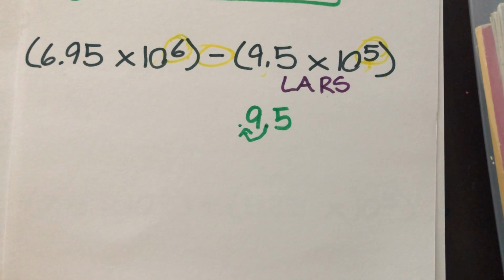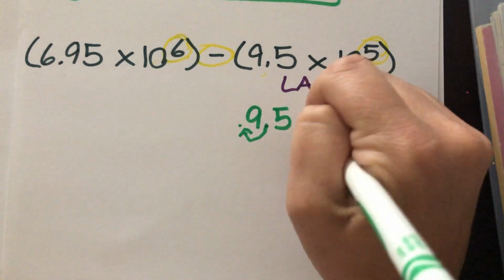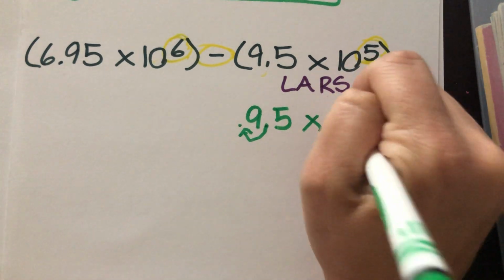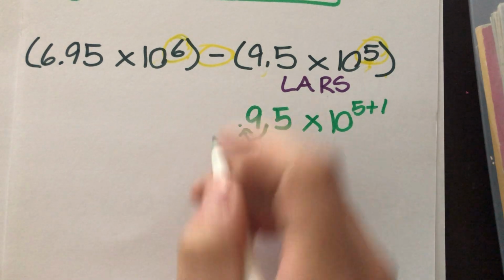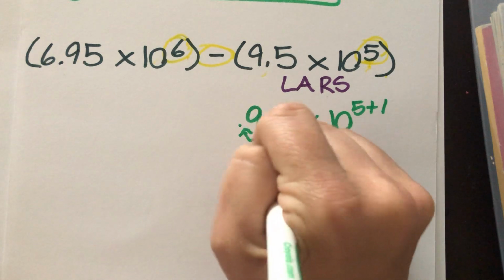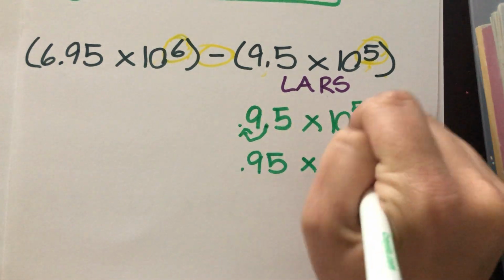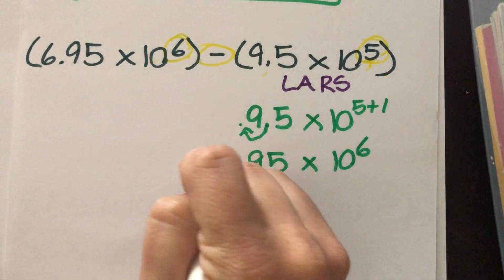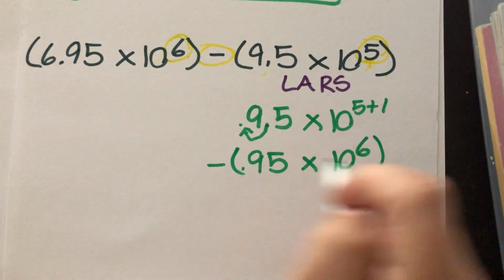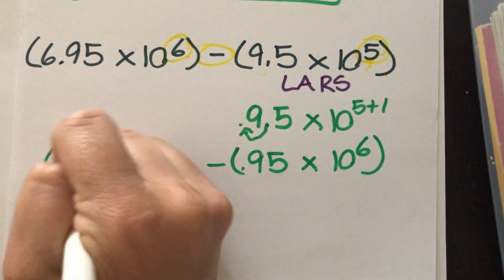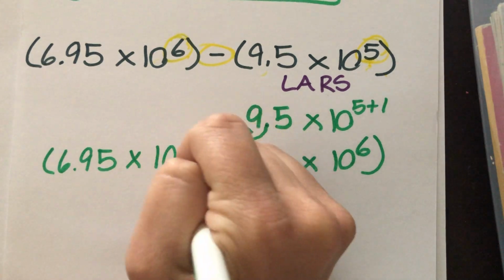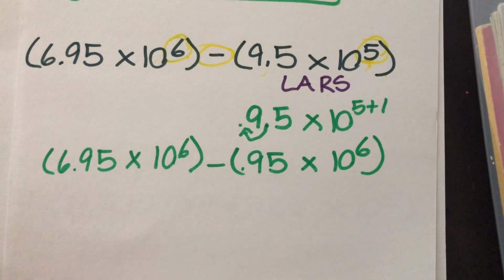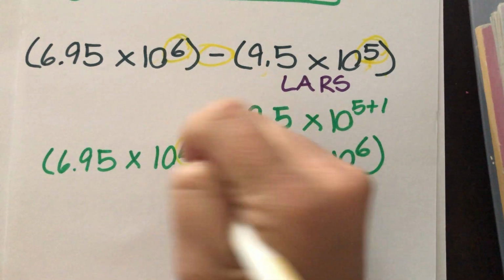By moving the decimal to the left 1 time, I can now add 1 to my exponent. So I'm going to rewrite this out just like we would do in class. We want everything to be nice and neat. Bring everything down. And now our exponents are the same.